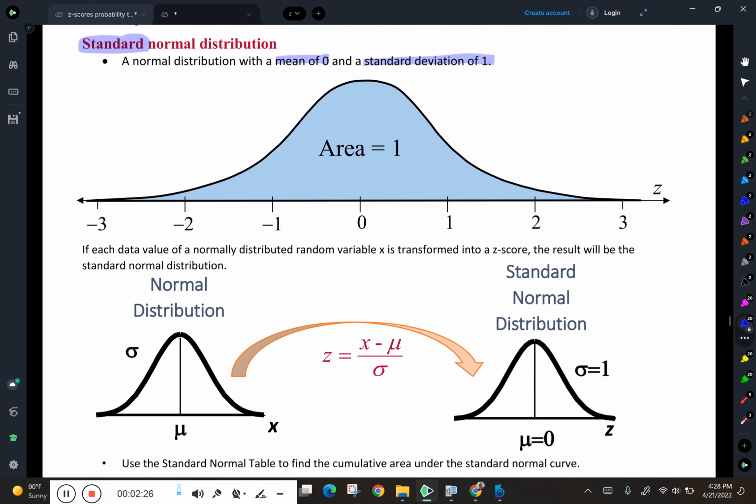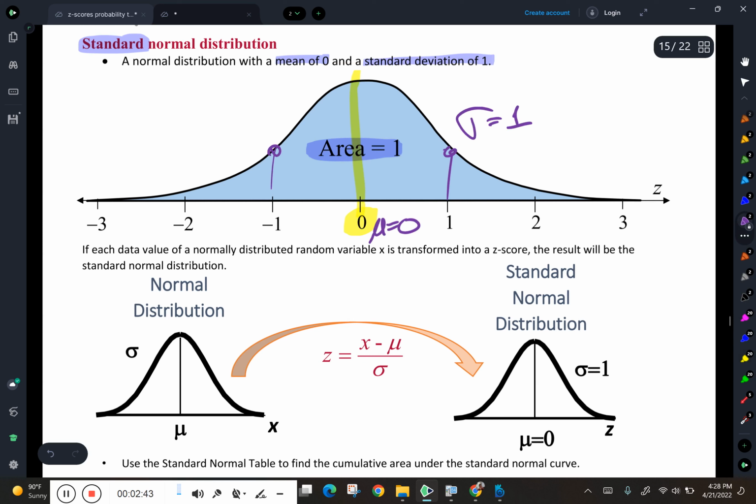The area under the curve is still equal to 1 because it's a probability model, but all we're saying is that the middle is 0, so our mean is 0, and that the inflection points are there and there, or that the standard deviation, the sigma, is equal to 1.